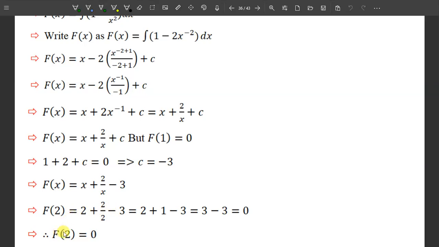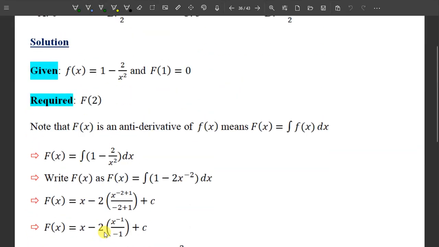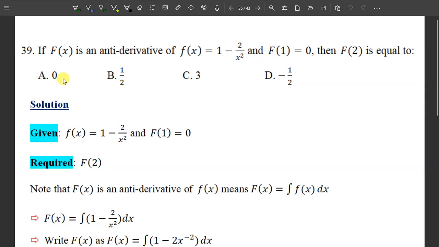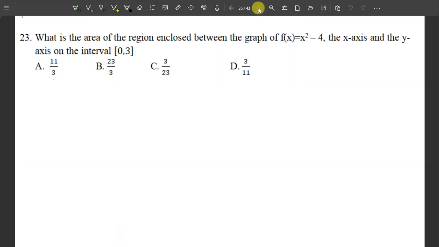So F(2) is 0, similar to F(1). F(1) is 0, and F(2) is also 0. That is what was required to find. F(2) is therefore equal to 0, and our answer is the one in choice A. Okay, now let us proceed to the next question.